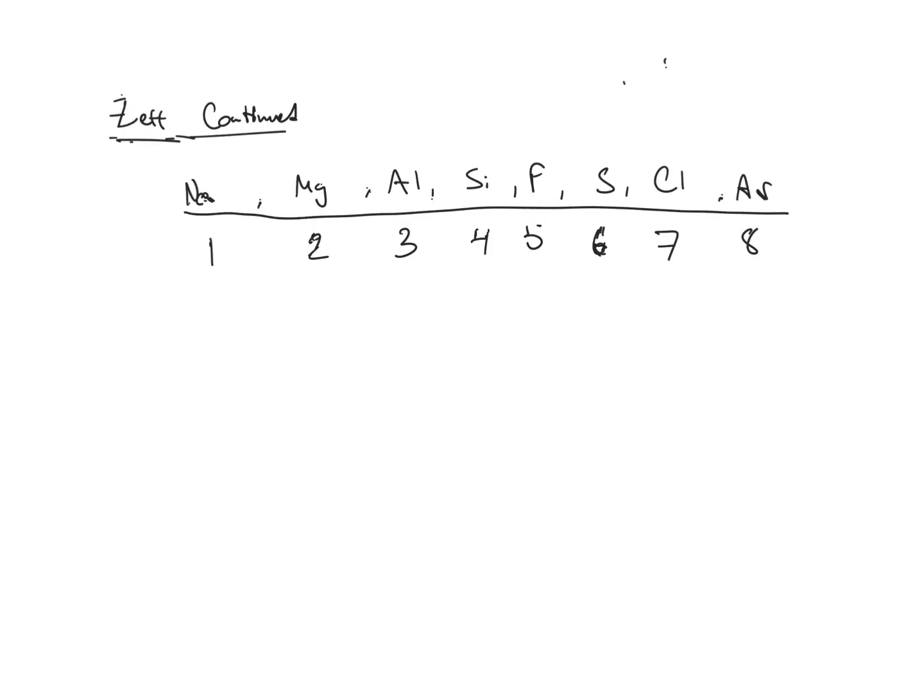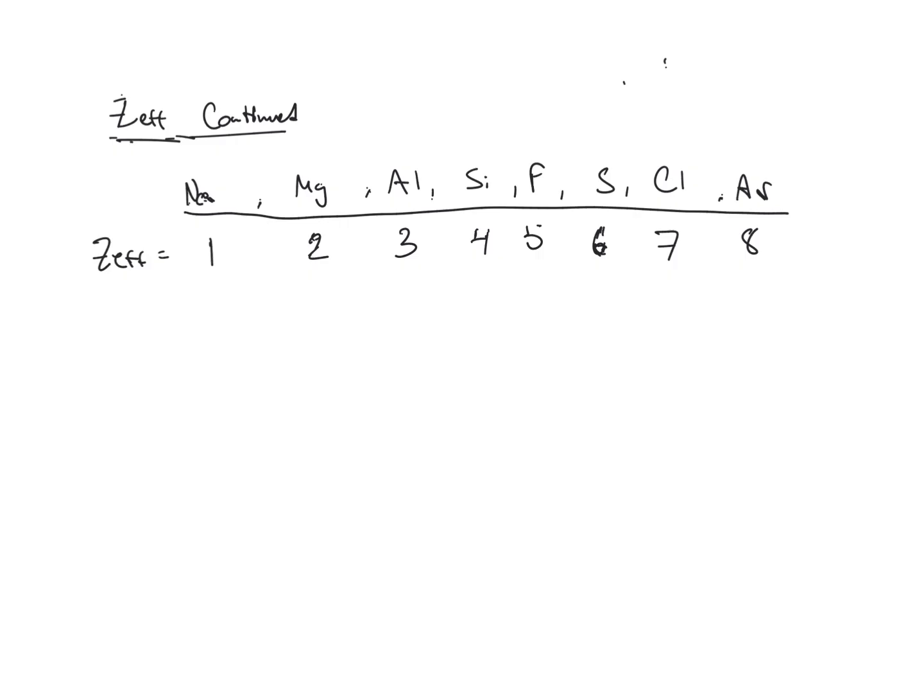What you might notice from this trend is that as we go across the period from sodium all the way to argon, and this happens for every single period of the periodic table, Zeff increases. So Zeff for sodium would be 1, Zeff for aluminum is 3, for silicon it's 4, for phosphorus it's 5, and so on.